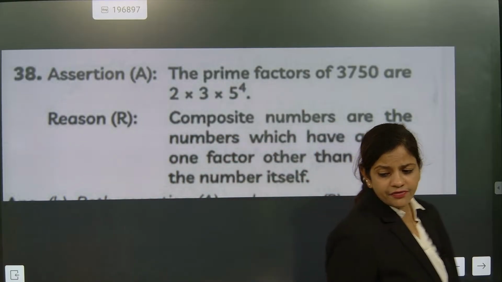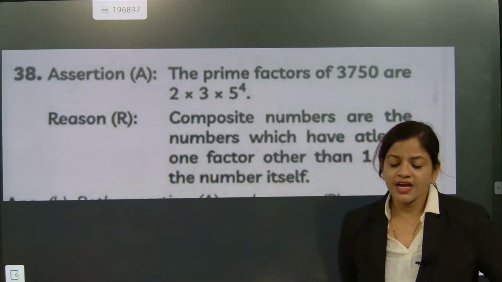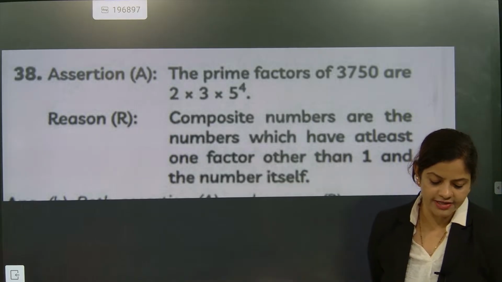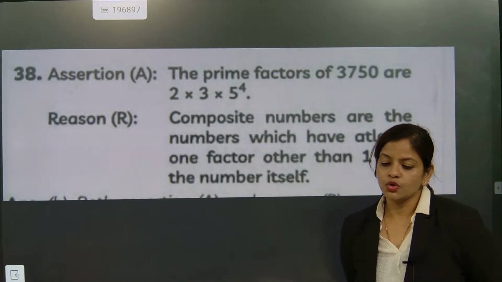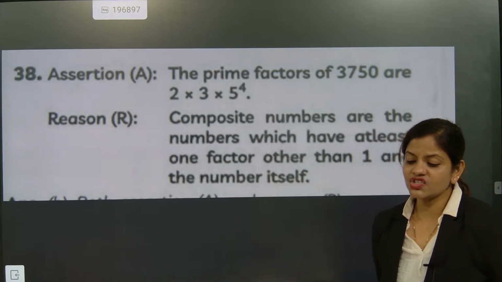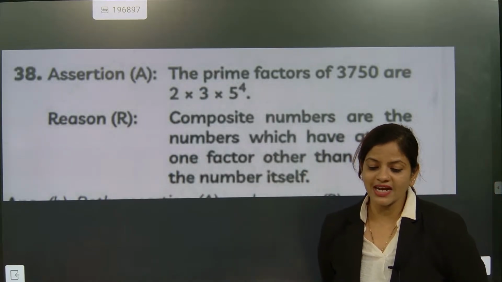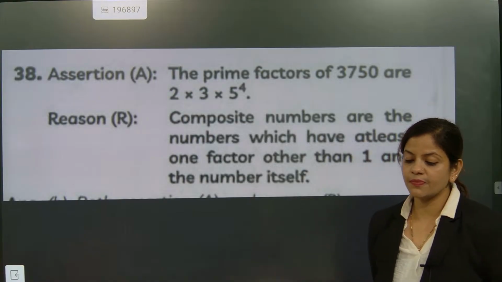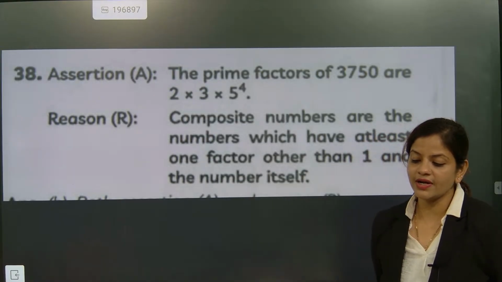Is it the correct definition of a composite number? Check very nicely, 38th question. Those who are so confident, please kindly first check whether it is going to satisfy the situation or not, and only then try to answer the question, because I believe you must check one time.